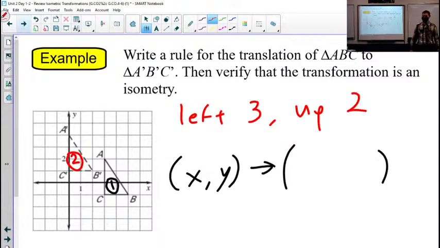X. X is in charge of left and right. And so we want to tell x, hey, move to the left. That's a negative direction. So we're going to subtract the 3. And then for y, I want to tell it to move up. If I want to tell it to move up, which direction is that going to be?